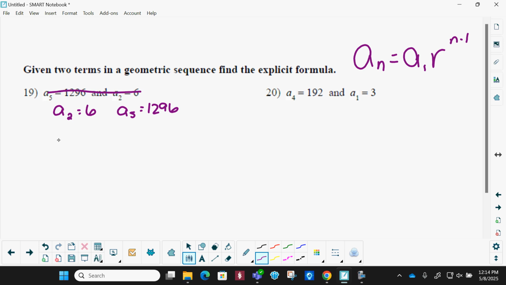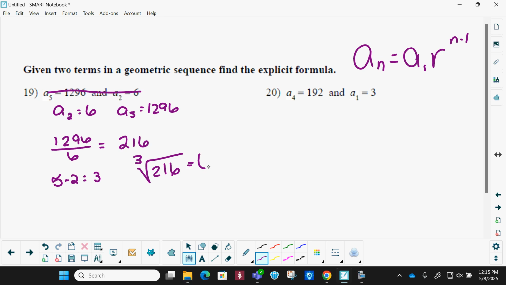So now we got to find that R. So the second, divide it by the first, and you get 216. Now you're going to do 5 minus 2, which is 3. So the cube root of 216 is 6. So here's my R value. Okay, I'm going to cross that one out. So now we have this so far.